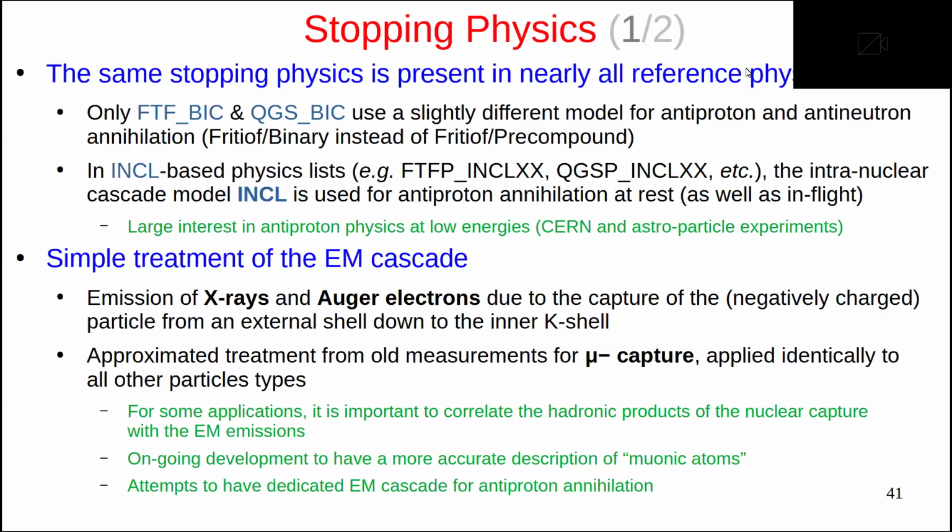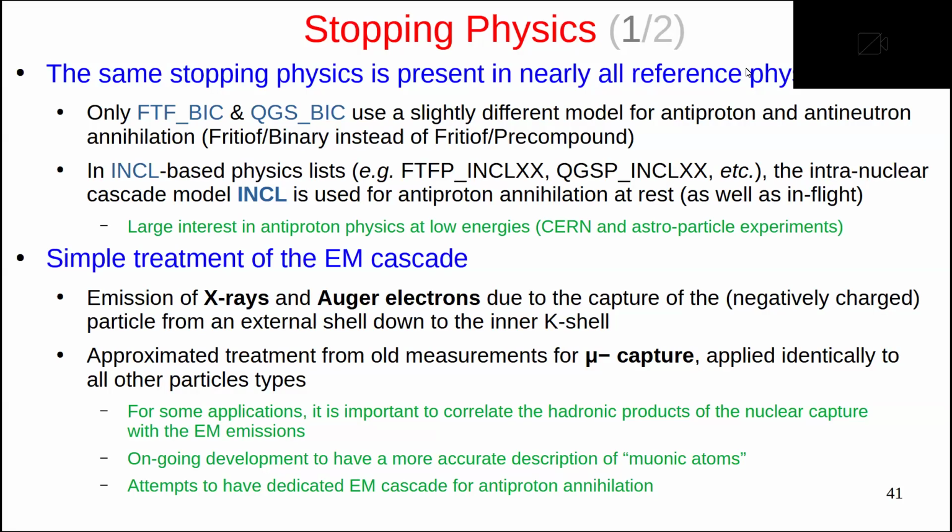We also have a simple treatment of the electromagnetic cascade, because what happens when these negatively charged hadrons are captured is that they replace an electron in one of the external electron orbital shells, and then they go through a sequence of steps until they get to the nucleus. And there, of course, there will be a nuclear interaction.